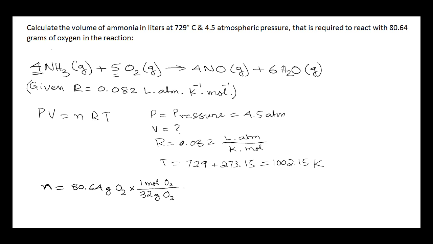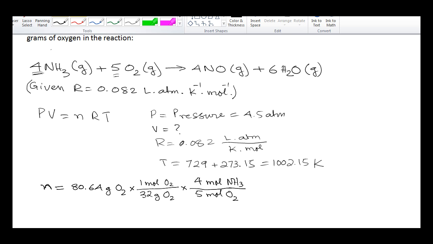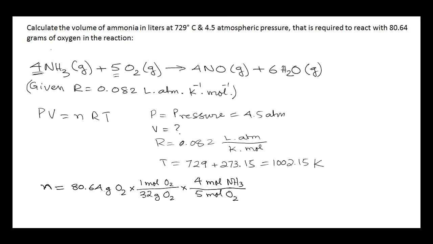So now that we have the moles of oxygen, we can convert that into the moles of ammonia from the relationship that we have in the equation, which is 5 moles of oxygen reacts with 4 moles of ammonia. So now that we have this relationship, we can cancel some of the units. The gram of oxygen cancels out the gram of oxygen over here, mole of oxygen cancels the mole of oxygen here.